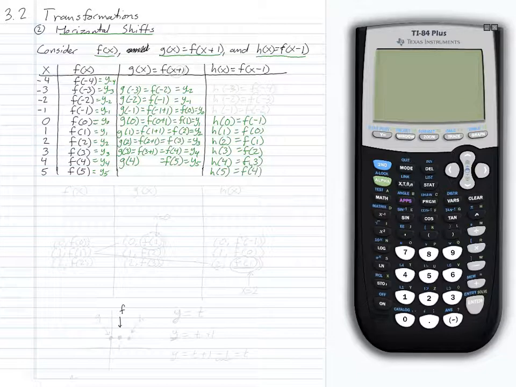And if we go in the other direction, h of -1, we're still subtracting 1 from that input, so that would be f of -2. h of -2 would be equivalent to f of -3, and so on.